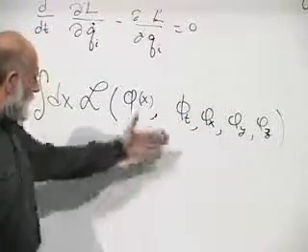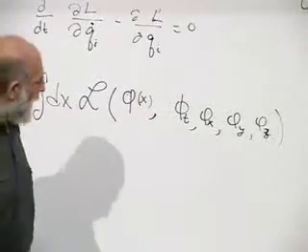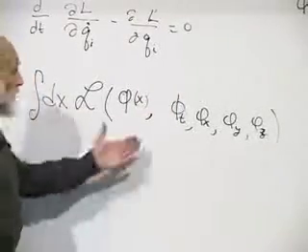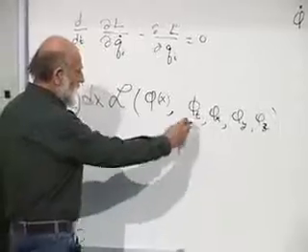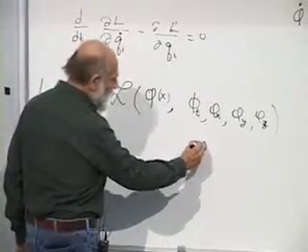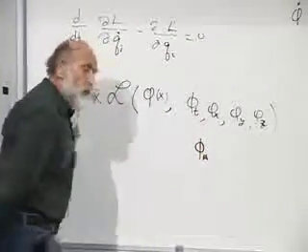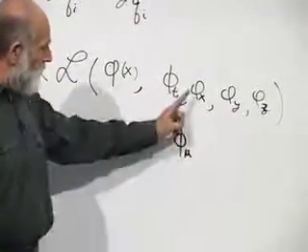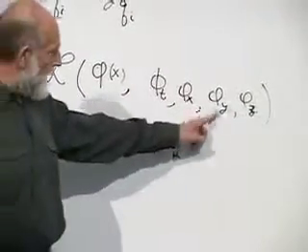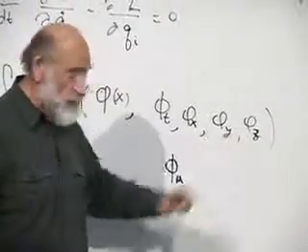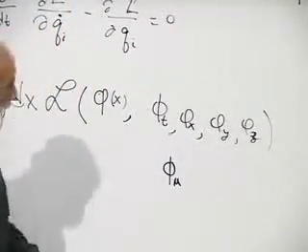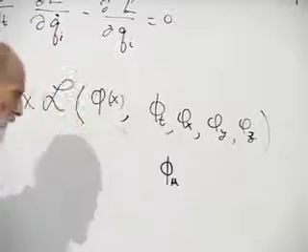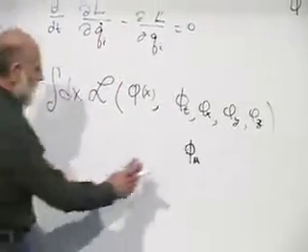I don't just call these derivatives of phi with respect to the coordinates. I can also call these derivatives phi sub mu, where mu runs from 0 to 3, t being x0, x being x1, y being x2, and z being x3, in a sort of relativistic notation. All these things mean the same thing.